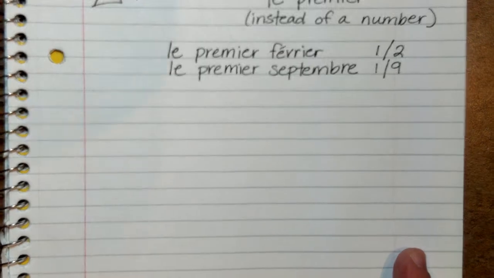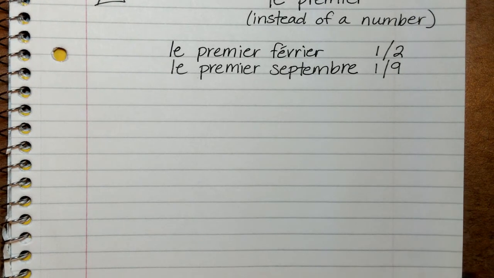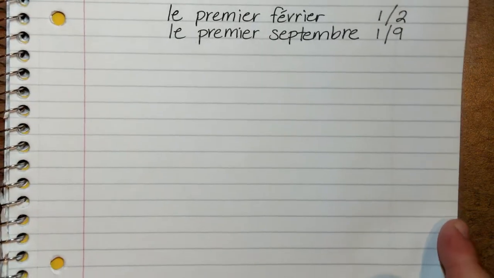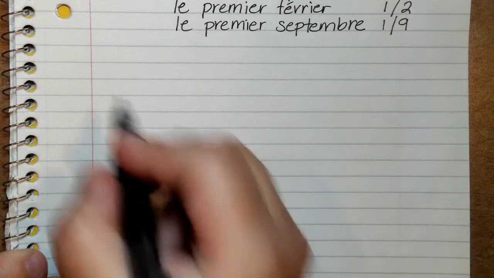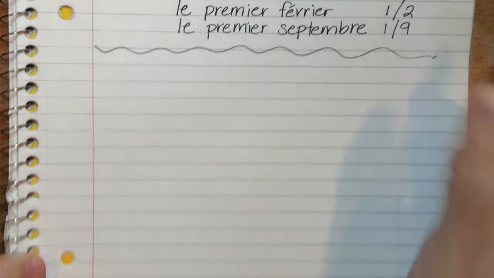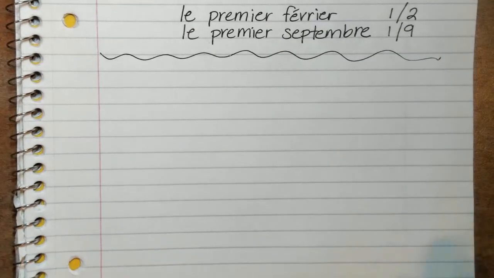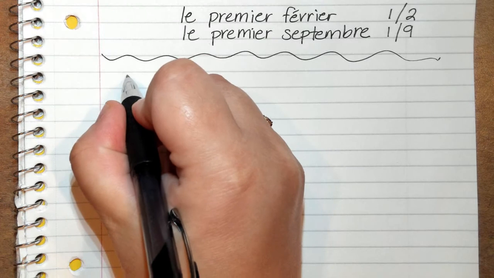So what if you want to include the day of the week or the year? You can do that. It's really simple. This is the minimum that you should know. Down here we're going to add the day and the year.